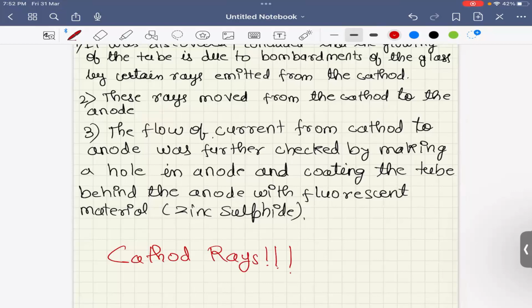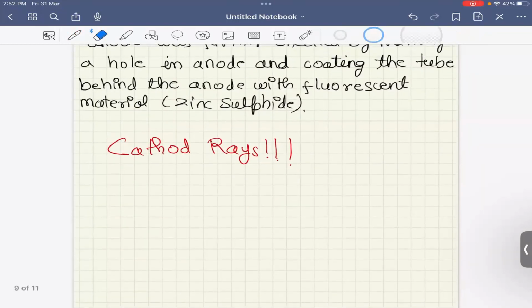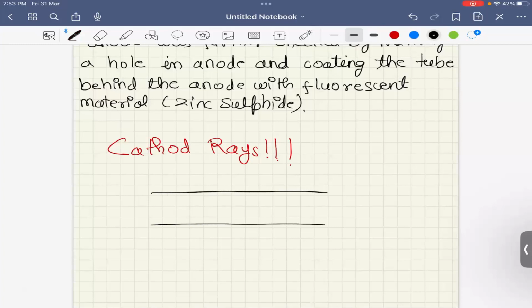So the diagrammatic representation would be like this.